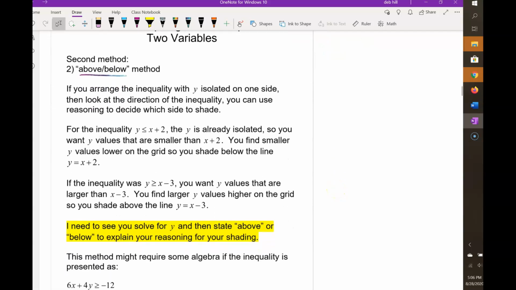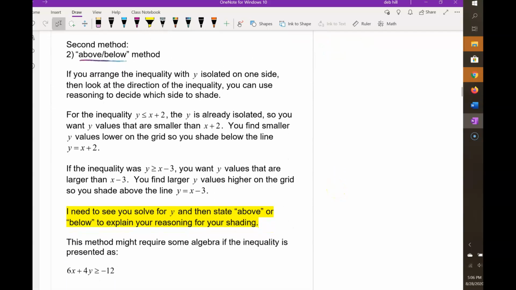So the other way you can use is the above-below method. So if you have the inequality y is less than or equal to x plus 2, think about the xy plane, and you find smaller values of y below.